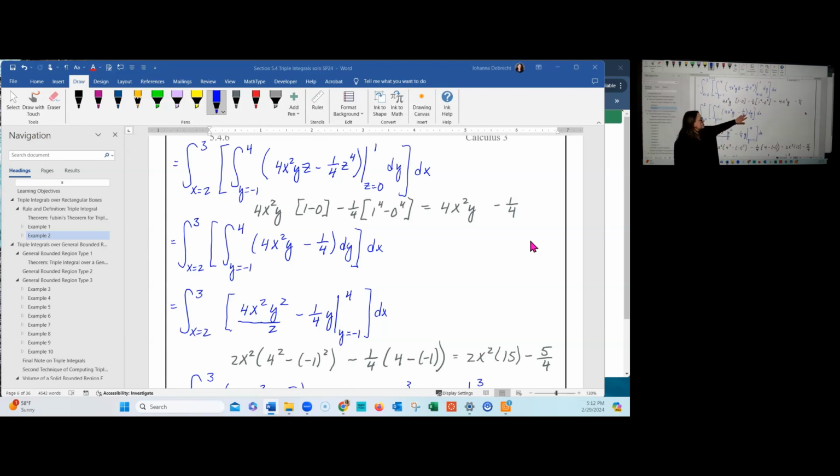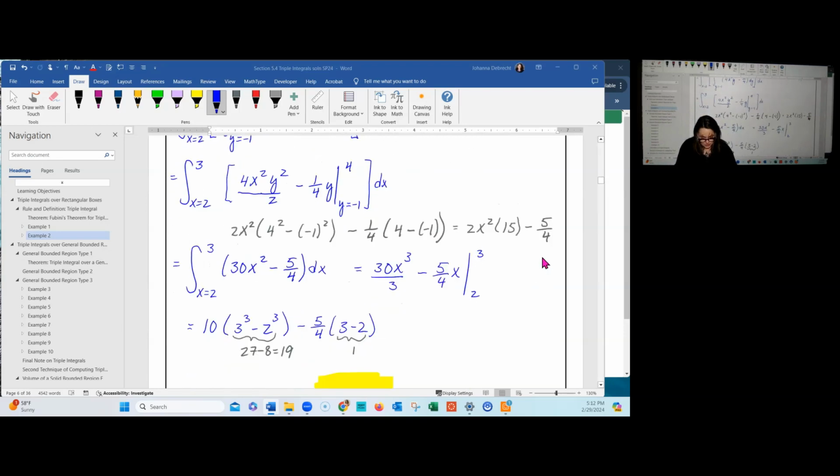The next term was just the constant minus 1/4, so it becomes minus 1/4 y. Then we evaluate for y between -1 and 4. When I simplified, I got 30x squared minus 5/4. But again, if you did it in the order it was written originally, you would have 5/4 minus 30x squared.